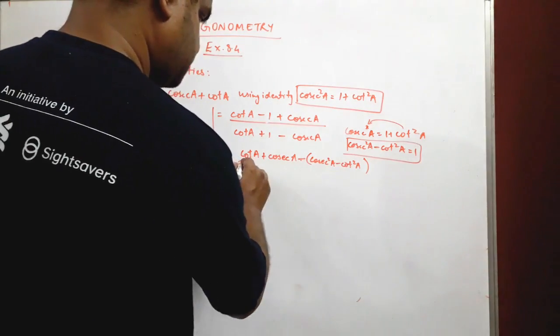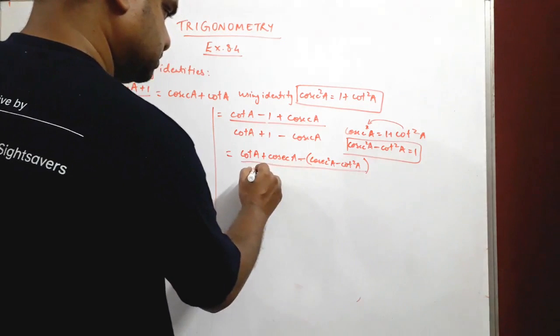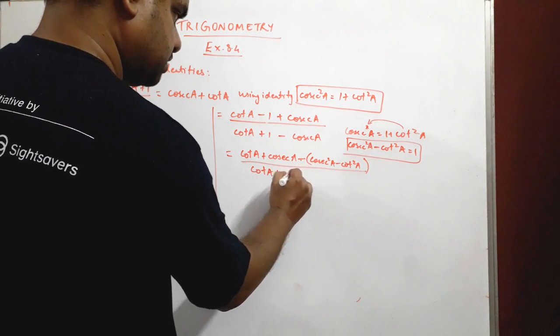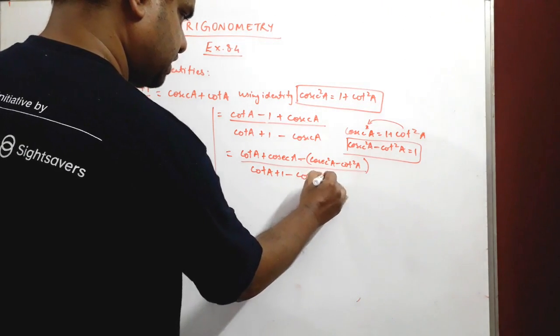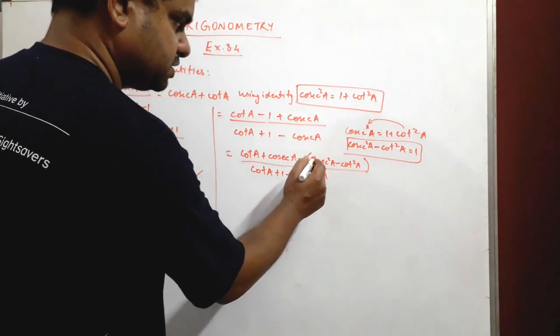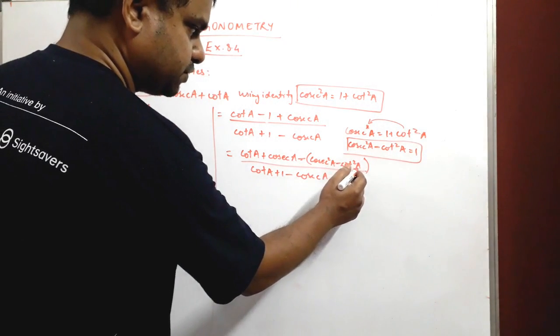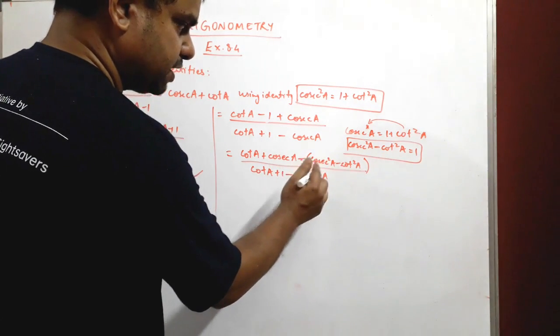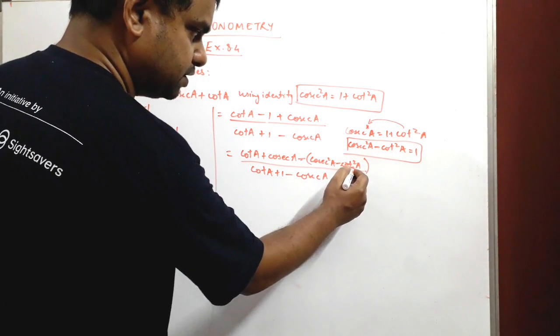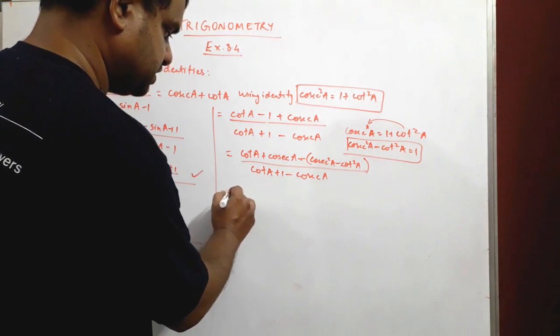So whole thing upon cot A plus 1 minus cosec A. So now from here, cot A plus cosec A minus (cosec square A minus cot square A). I will not open this bracket, but if you have a look, this is nothing but a square minus b square, which we can write as (a plus b) into (a minus b).